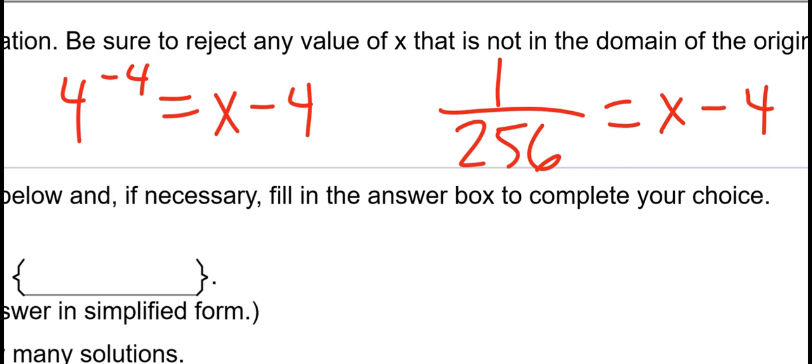So your answer would be what? 4 and what? If you wrote it as a fraction, how about a mixed one? Is it like 4 and 1/8? Is it 4 and 1/2? What is it? Yeah, 4 and 1 over 256.